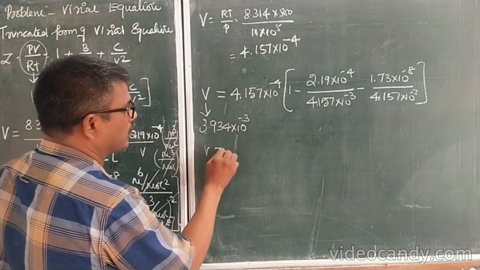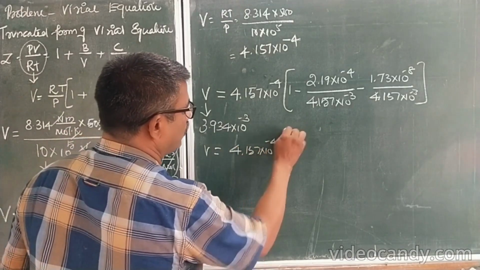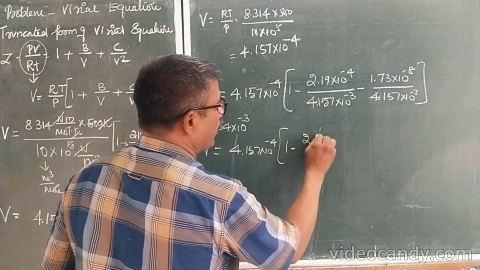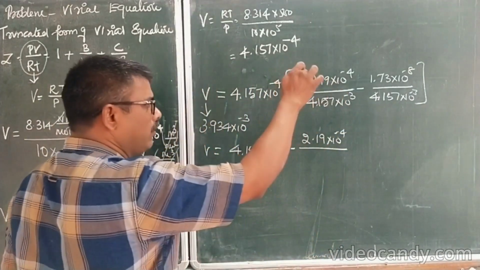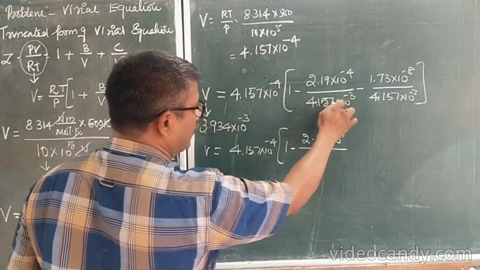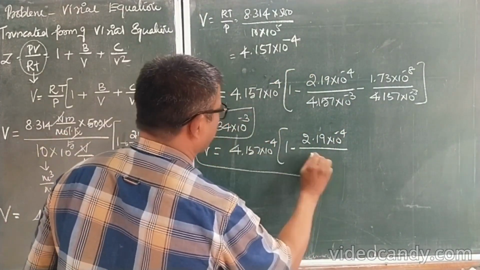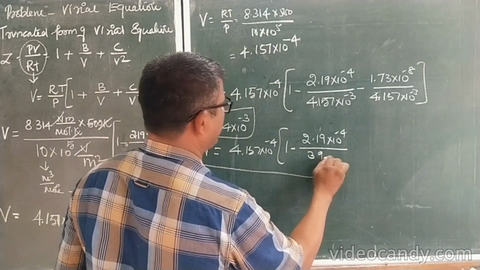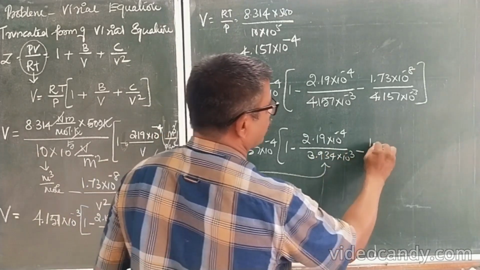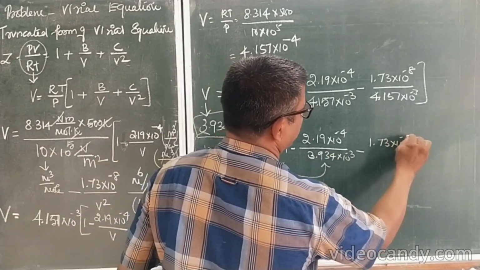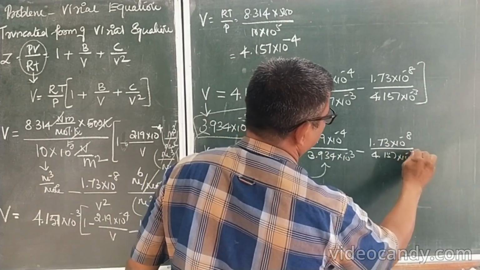Again, V is equal to 4.157 into 10 to the power of minus 4, 1 minus 2.19 into 10 to the power of minus 4 divided by, now instead of 4.157, I am going to substitute this value here. That means 3.934 into 10 to the power of minus 3 minus 1.73 into 10 to the power of minus 8 divided by 4.157 into 10 to the power of minus 3.